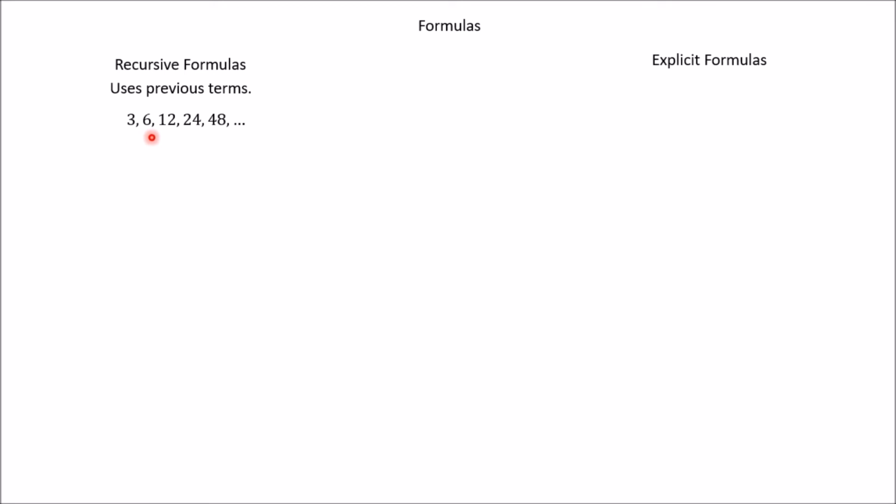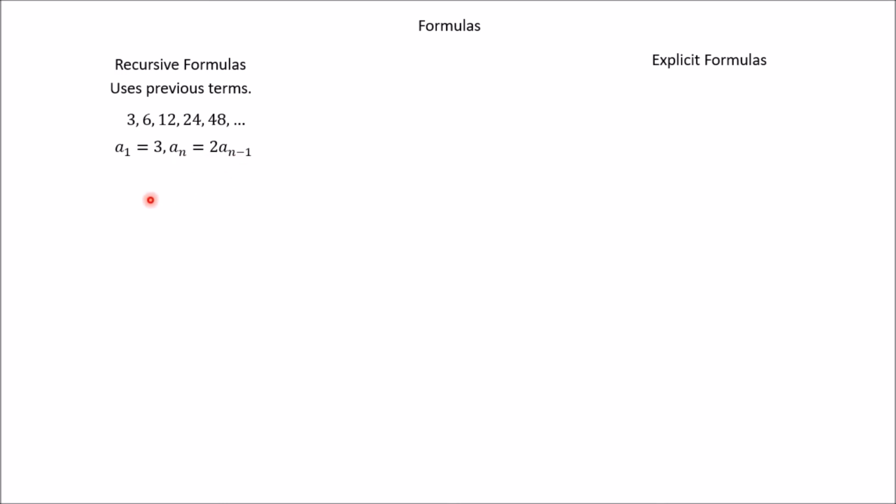We're multiplying by 2, then times 2, then times 2. So we can just take the previous term times 2. We have to start out with the first term because we have to have a starting point. a1 equals 3, and then an is just 2 times the term before it. So a4 is 2 times a3. a17 will be 2 times a16.